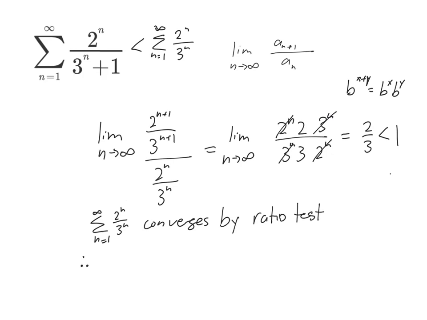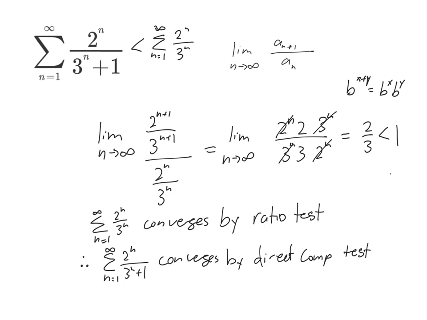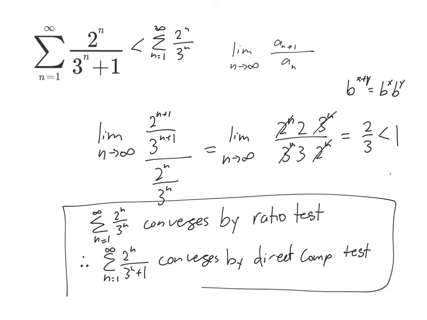Therefore, the summation of n equals 1 to infinity of 2 to the n over 3 to the n plus 1 also converges by the direct comparison test. So I used 2 tests to do this one.